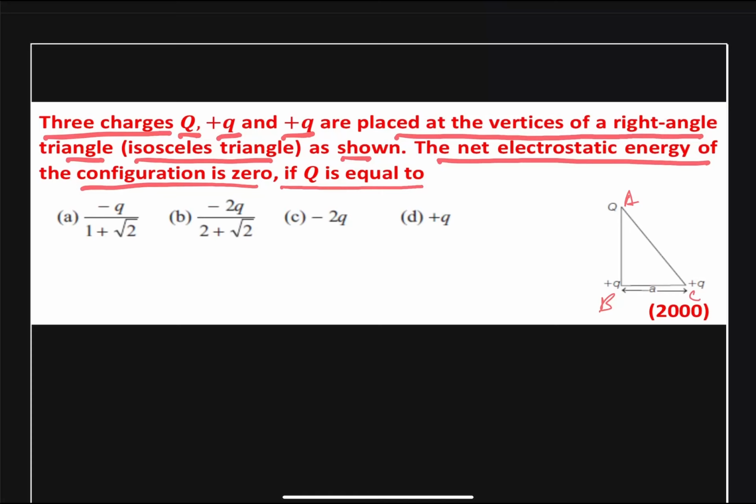So it means U of the system is equal to 0.